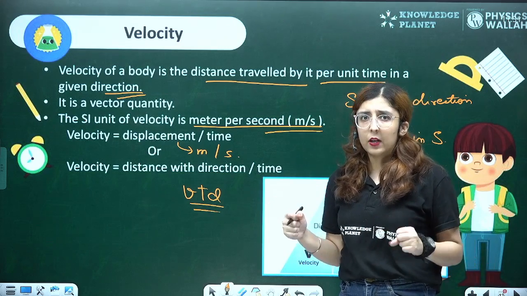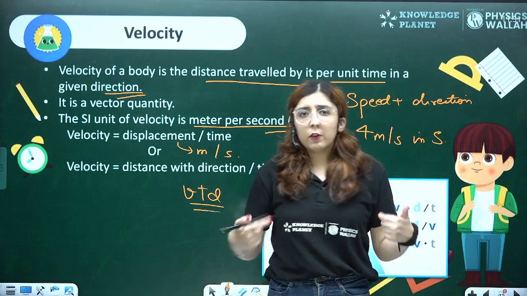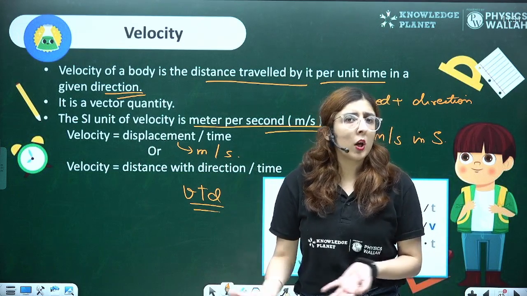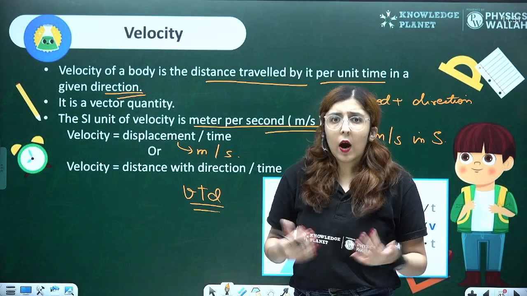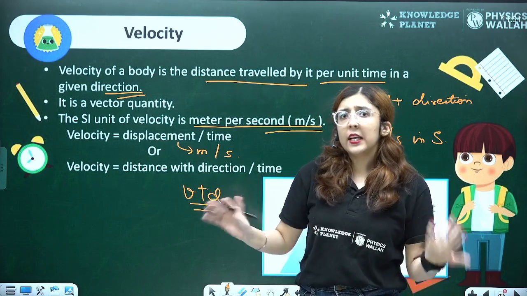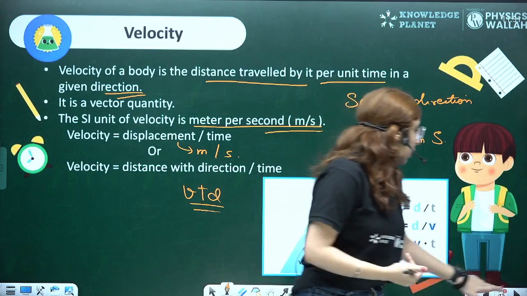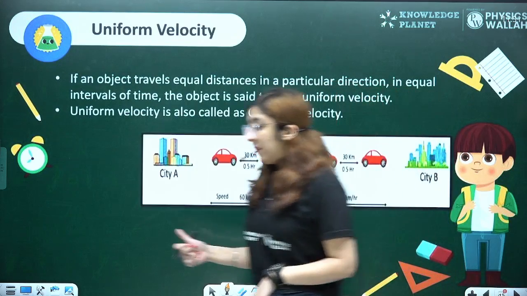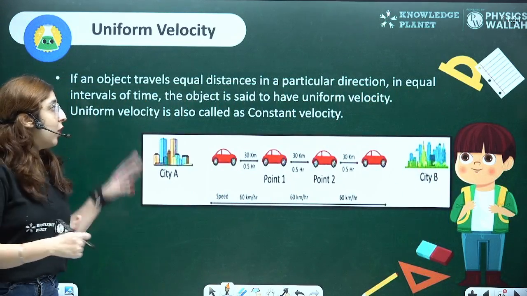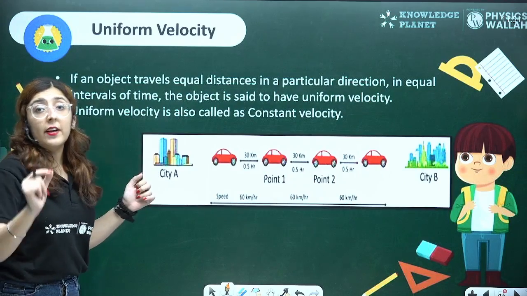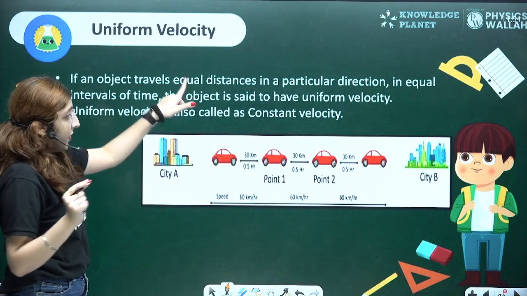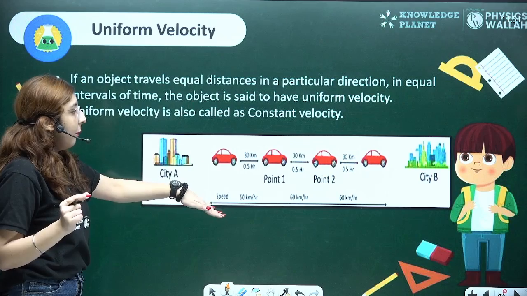I am traveling in a straight line with 4 meters per second. Certainly, I am talking about velocity. I can change the direction, or I can change my speed, so of course velocity will also change. So have a look at that. Let's start with the first case, that is uniform velocity. Kids, when we talk about uniform velocity, have a look clearly over here.